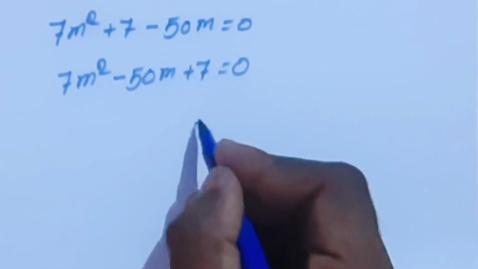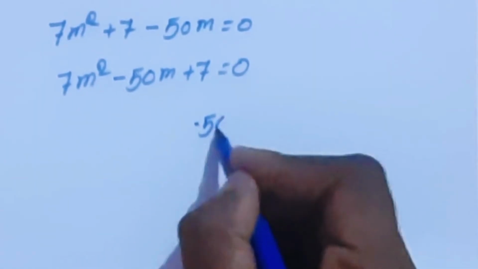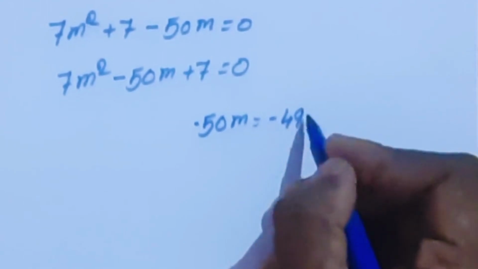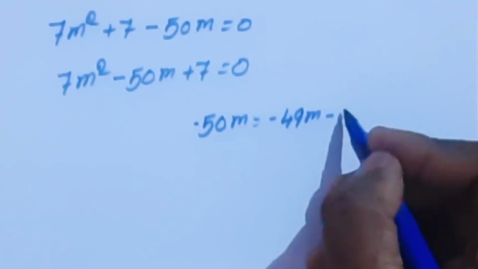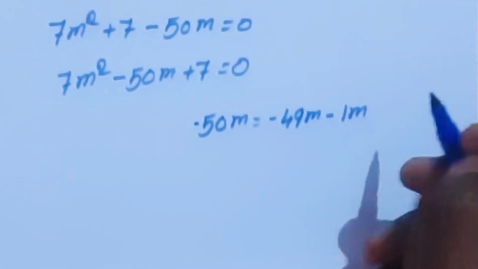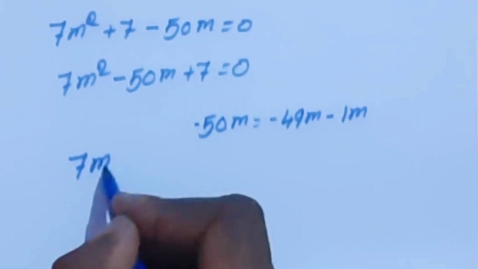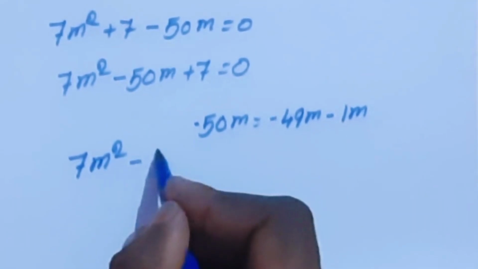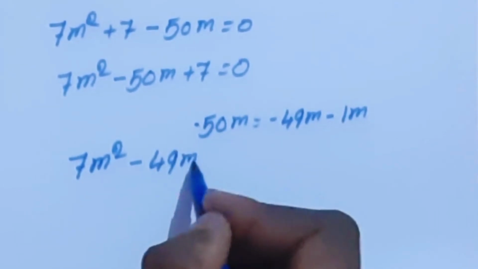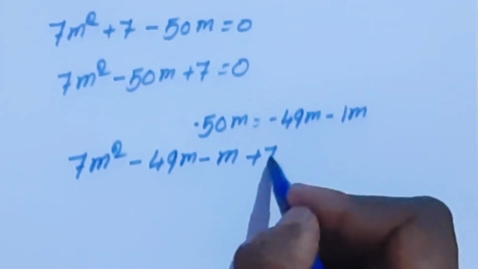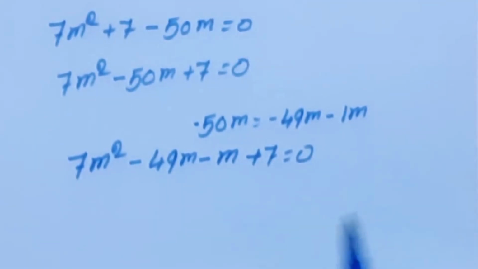Now this minus 50m can be written as minus 49m minus 1m. So 7m square minus 49m minus m plus 7 equal to 0.